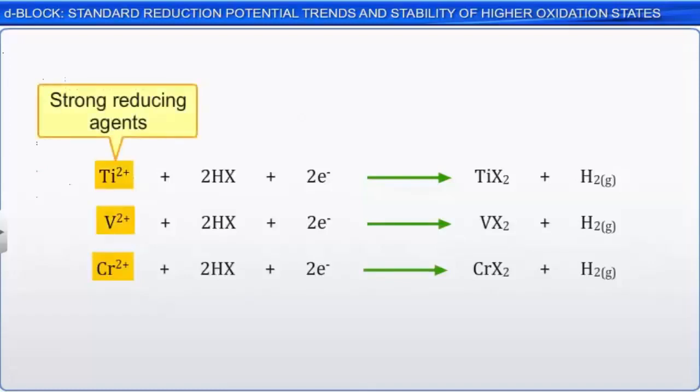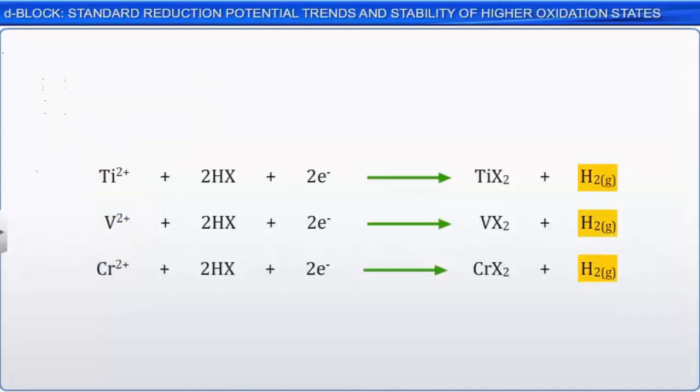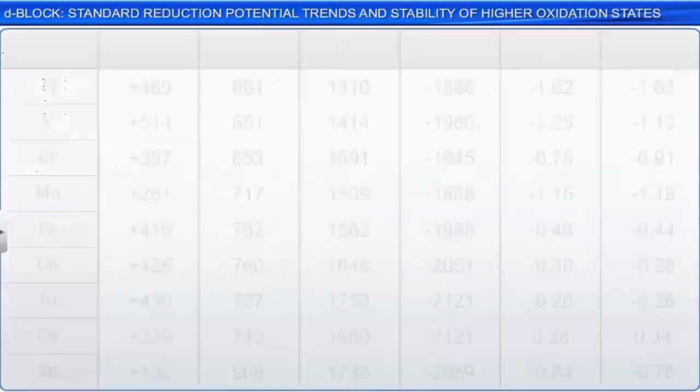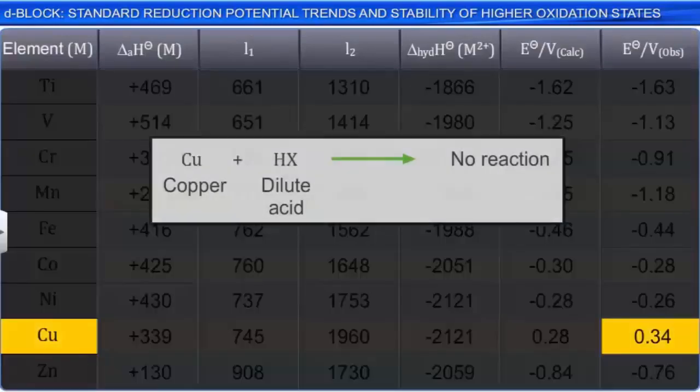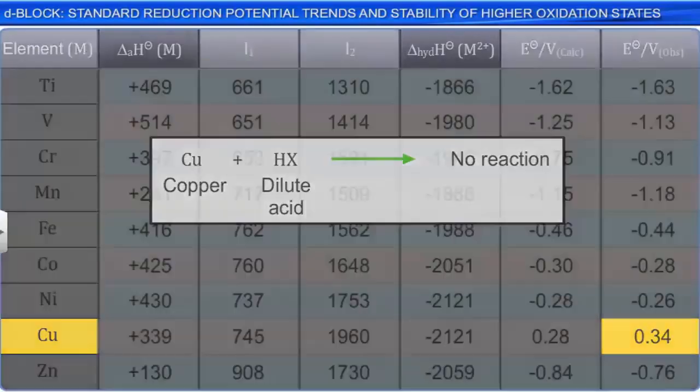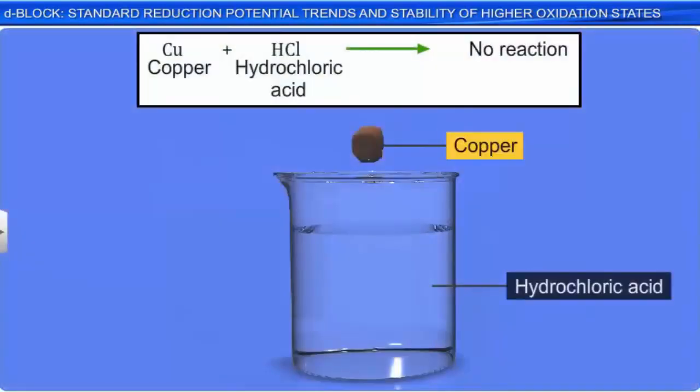On the other hand, copper, with a positive reduction potential, does not liberate hydrogen from dilute acids. Thus, copper is inert towards non-oxidizing acids such as HCl, but reacts with oxidizing acids such as nitric acid and hot concentrated sulfuric acid, as shown here.